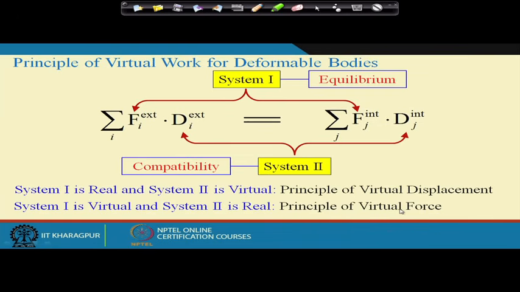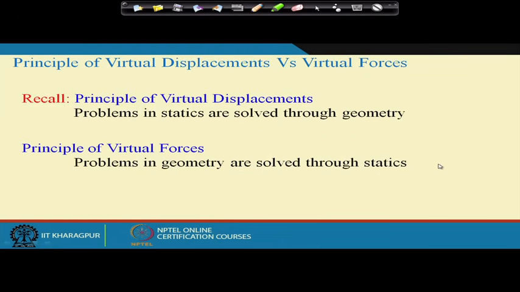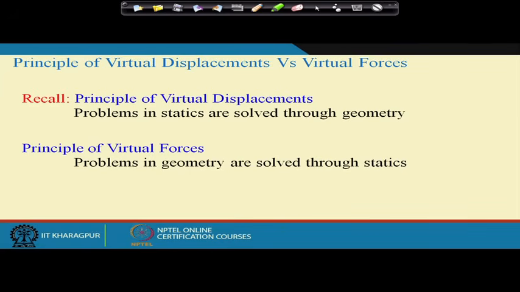Now let us see how the principle of virtual displacement and the principle of virtual force differ from the application point of view. If you remember, in the last class we demonstrated that with the principle of virtual displacement, problems in statics are solved through geometry, and with the principle of virtual force, problems in geometry are solved through statics.